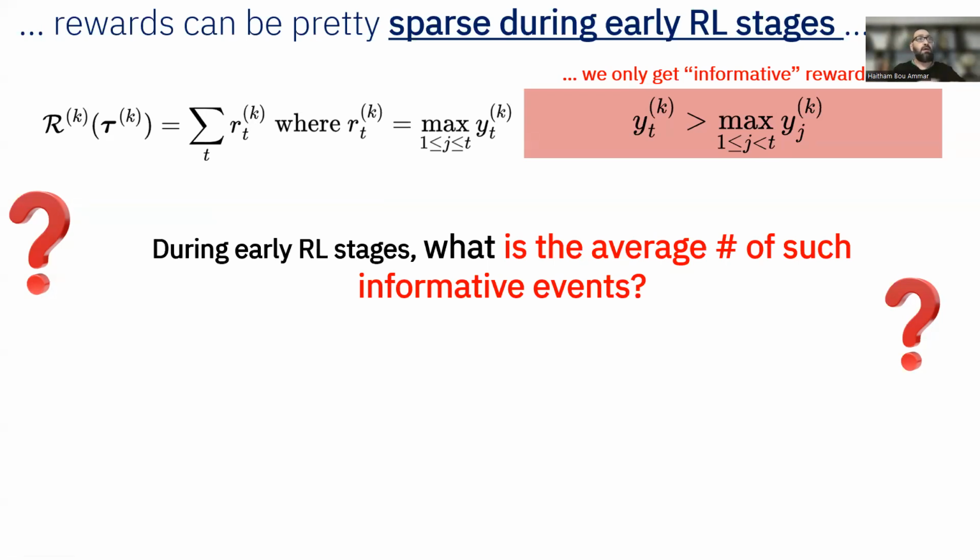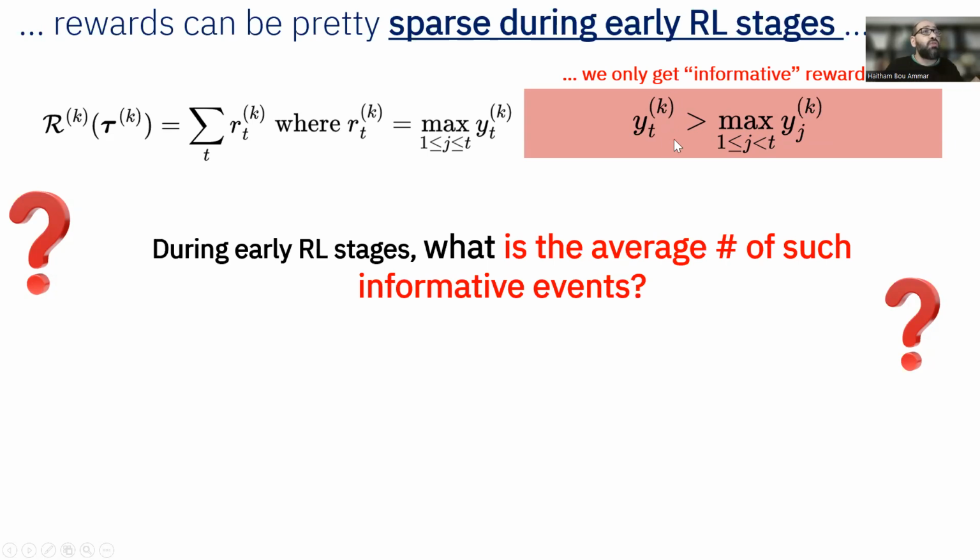Okay. But now we notice that the only informative events of this reward will happen if the Y value you see at the current time step is better than the best you have so far. If we see a new Y value which is higher than the max so far, then that will contribute something to the reward.